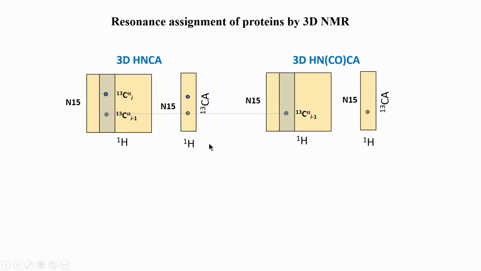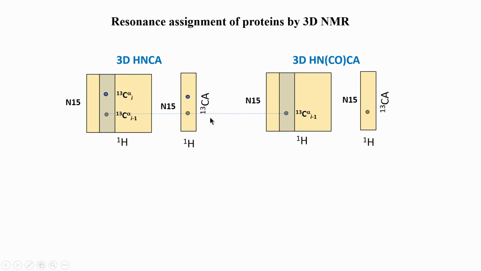I will give an example from two very simple experiments, HNCA and HNCOCA. If you recollect, in HNCA we got for every pair of nitrogen and proton chemical shift, this is basically the NH of a peptide backbone, that means for every amino acid we got 2 peaks in the third axis, and that axis consists of carbon alpha, C alpha I minus 1 and I. So, these are the 2 peaks which we saw in the 3D HNCA.